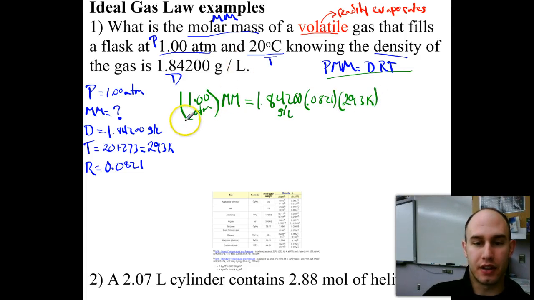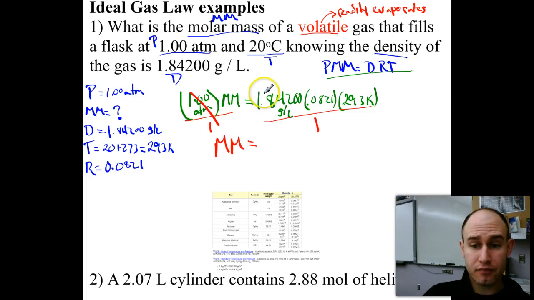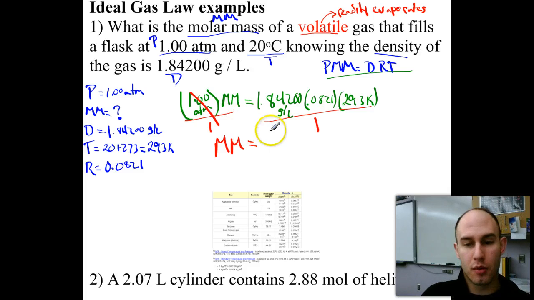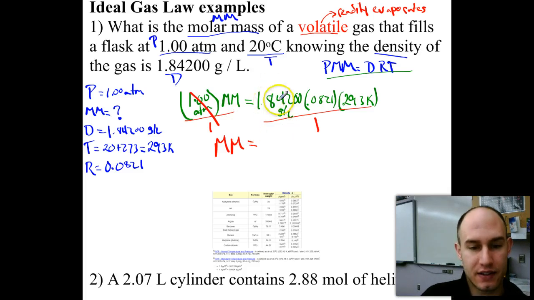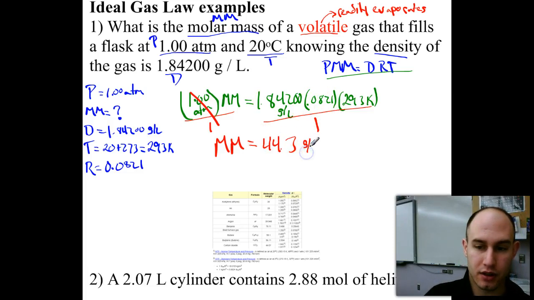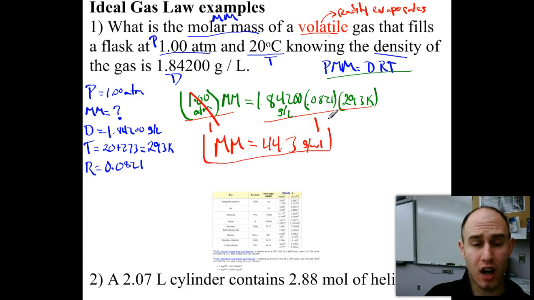Now I just need to simply solve by dividing by 1 on each side here. So my molar mass ends up equaling 1.842 times 0.0821 times 293, 44.3, and that's consistent here with my sig figs. I have 3 there as my fewest, so 44.3 grams per mole as my molar mass of this gas.